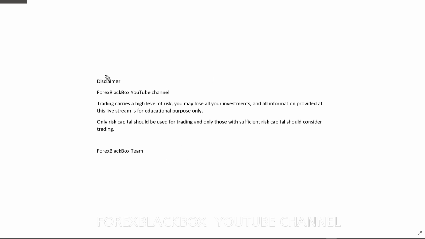Disclaimer: forex trading or any investment trading carries a high level of risk. You could lose all your investment at once, all the money you put in your broker, if you trade in a gambling way. So trade percent-wise, please, and try not to trade a very high percentage. Just 2% maximum for a beginner.